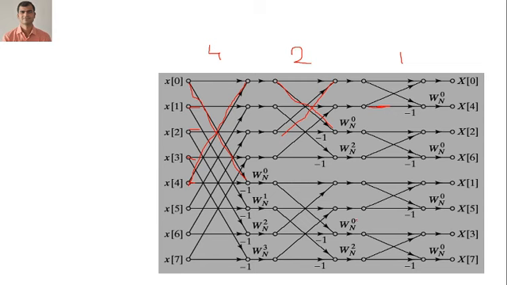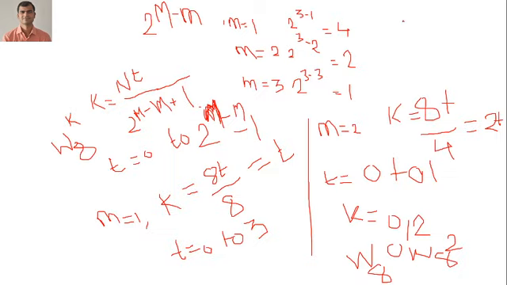And for stage 3, the value of k we have to calculate as N divided by 2 raised to 3 minus 3, because the stage is 3. So 2 raised to 3 minus 3 is 0, plus 1. So 2 raised to 1 becomes 2. So it is equal to 4t. 4t is the value of k.